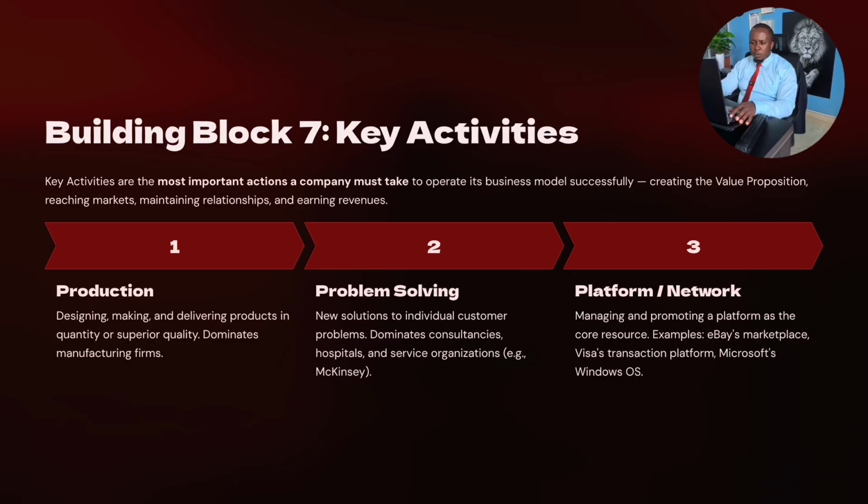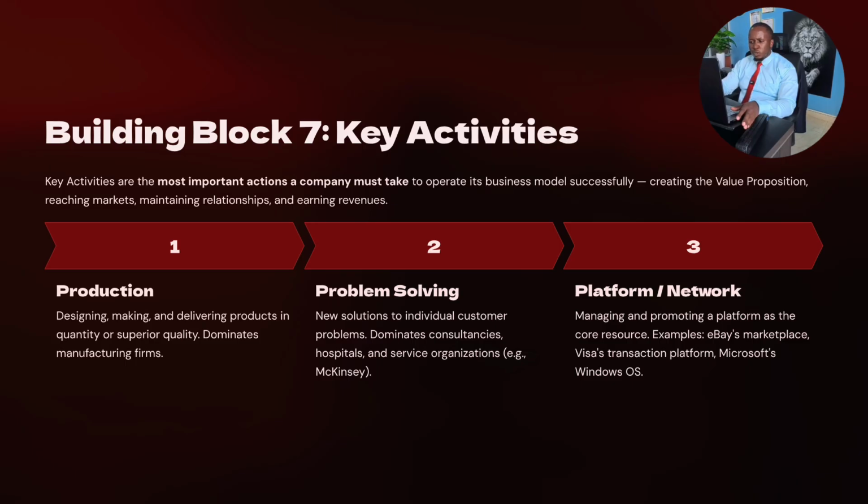The first is production. Here you have things such as designing, making, and delivering products in quantity or superior quality. And this is mainly dominated by manufacturing firms. You can also have key activities related to problem solving.